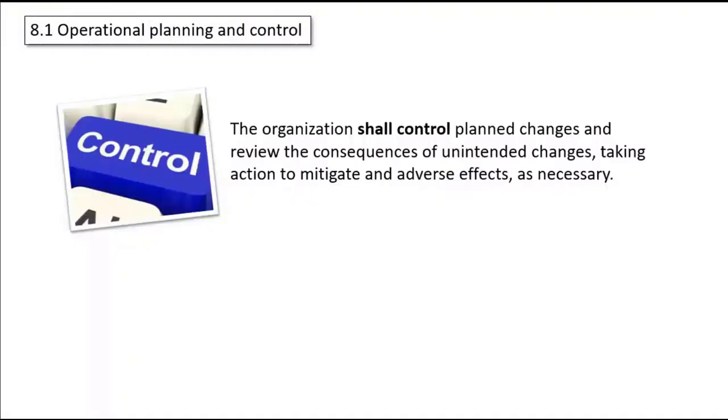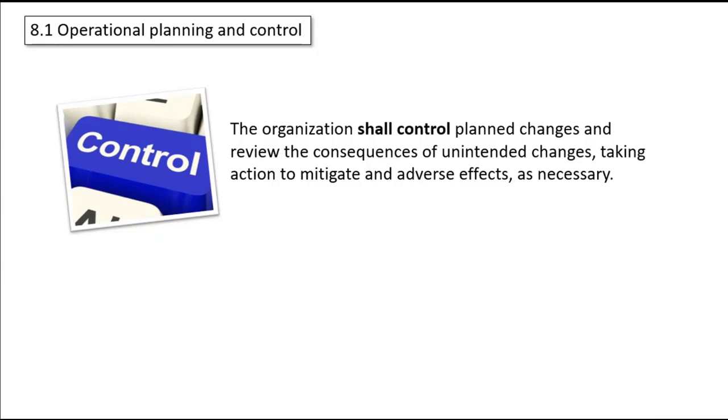Besides that, under this Do action, you must also control any changes, whether planned or unintended, because any changes will have consequences. Either they give a beneficial effect, or they will have an adverse effect.